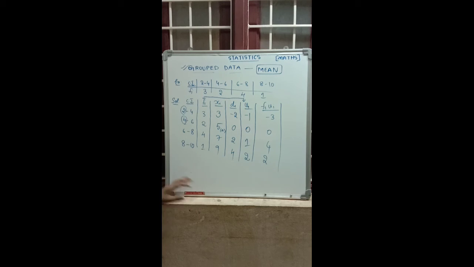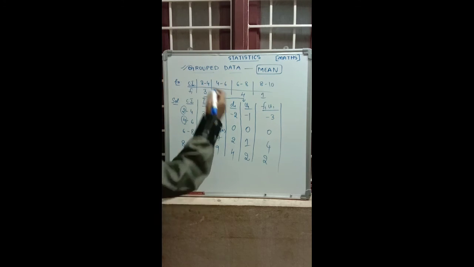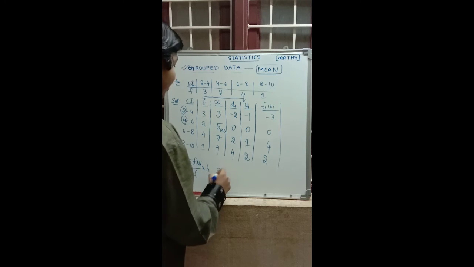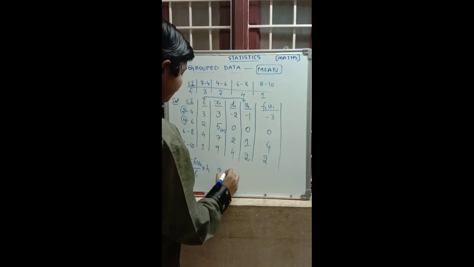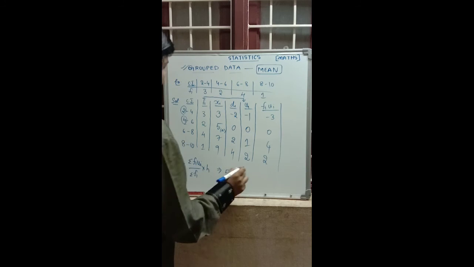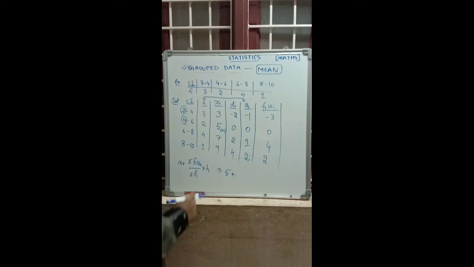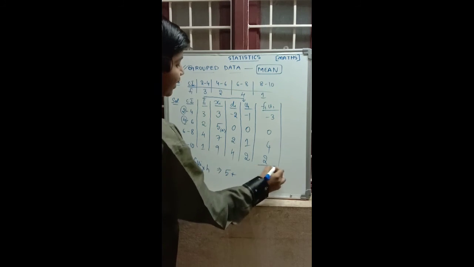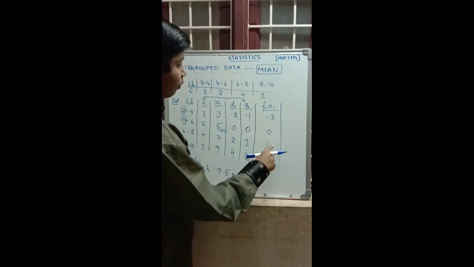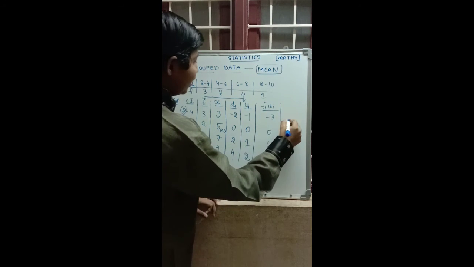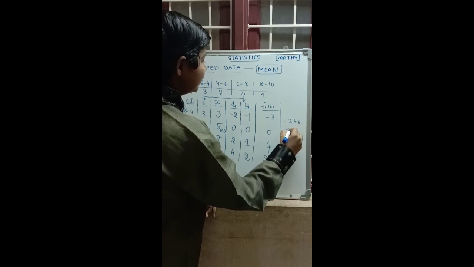Now we have to find the mean by the step deviation method. The formula is A plus summation fi ui by summation fi into h. Here A we have taken as 5. 5 plus summation of fi ui, that is adding all the terms: 4 plus 2 is 6, minus 3 plus 6 is plus 3.